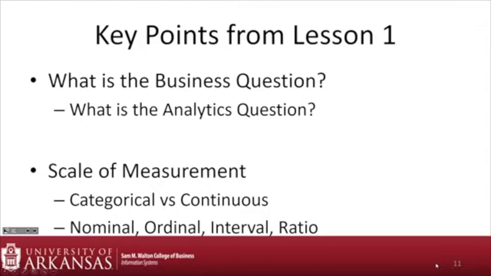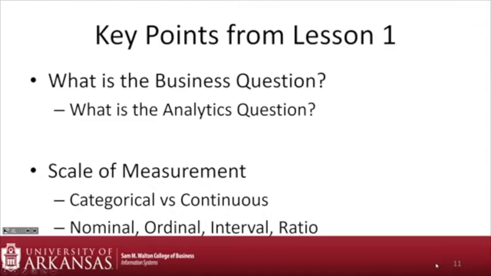Okay? Examples of things that we could have. Key points from lesson 1: we talked about business questions and analytics questions. So short answer questions, I could give you a scenario and ask you what business question. I could give you a business question and ask what would you do in SAS to find the answer, or what analysis would you run to find the answer.